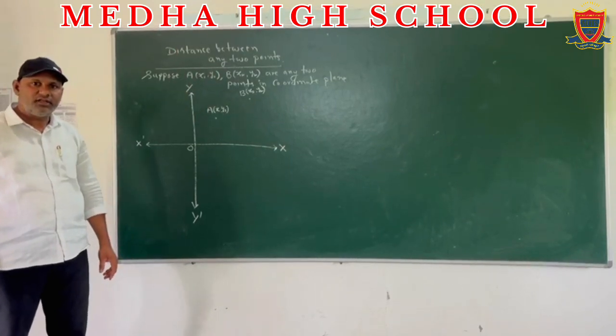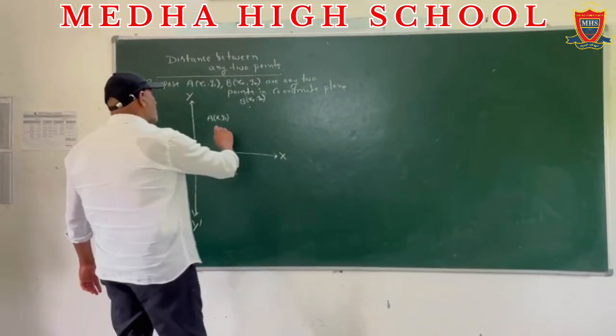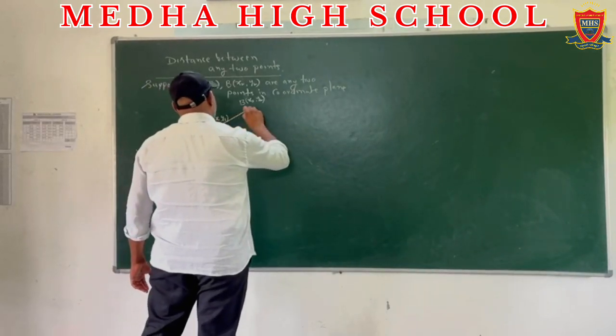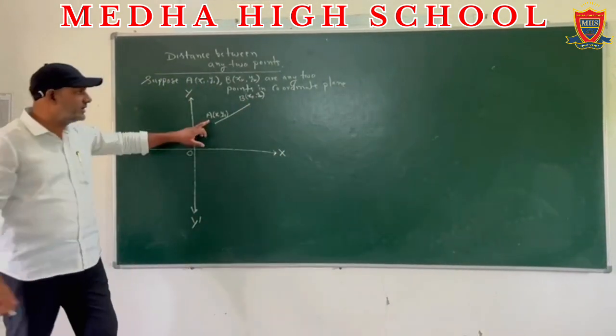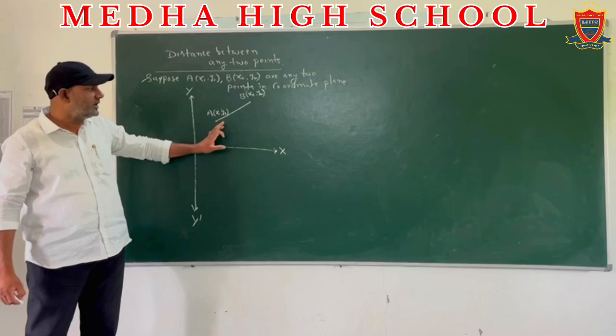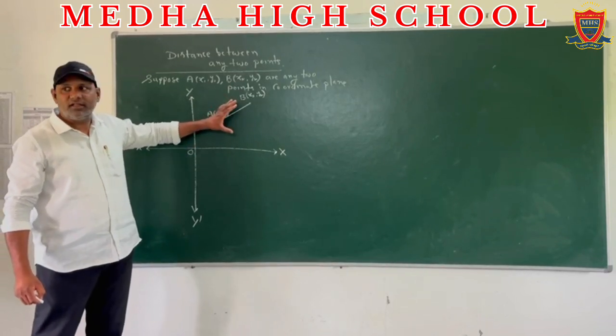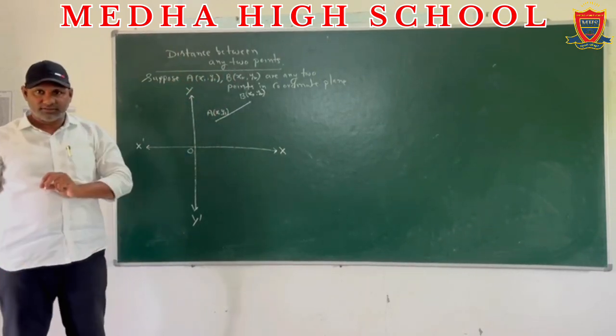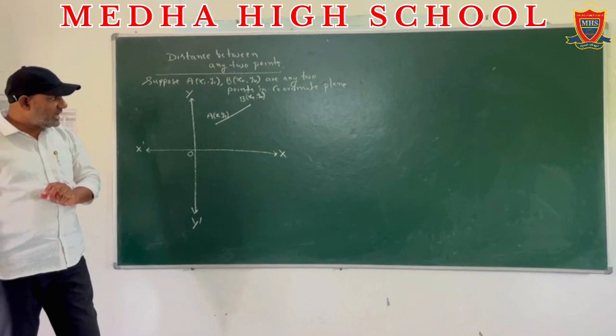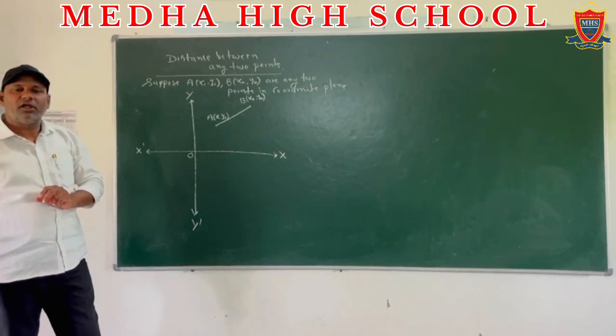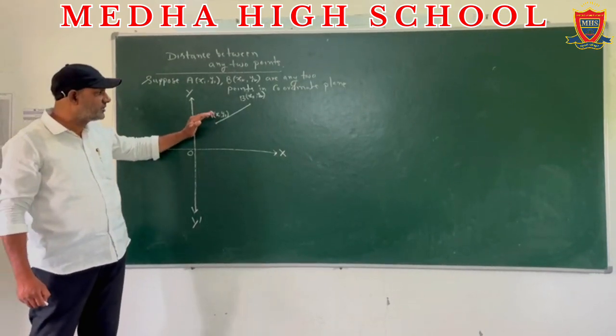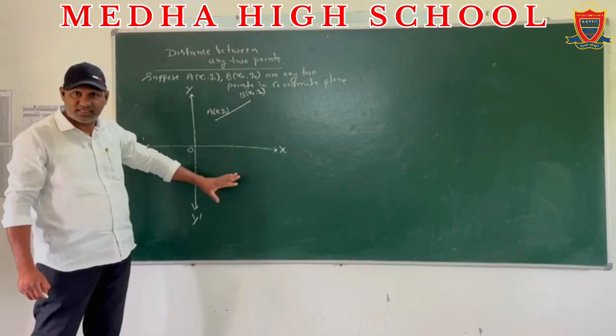Now I would like to find the distance between these 2 points, the distance from A to B. So how do we find it? First of all, I will draw 2 perpendicular lines from the points A and B to the x-axis.